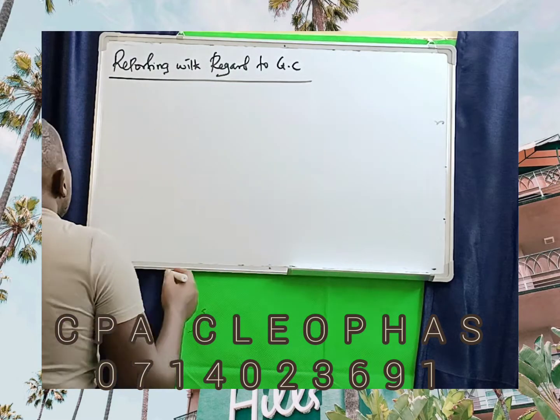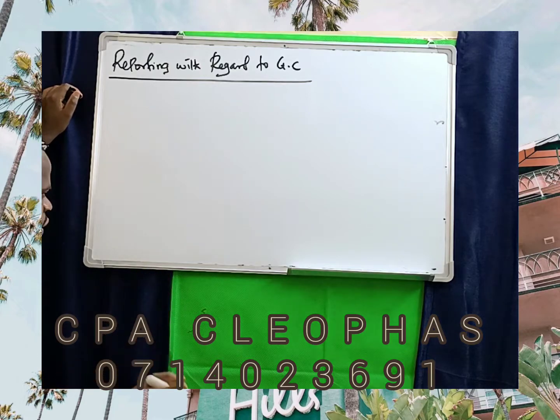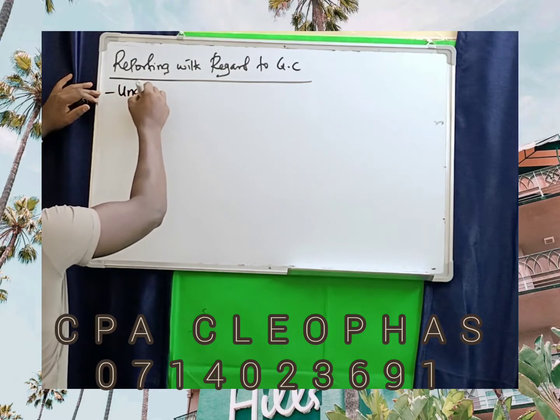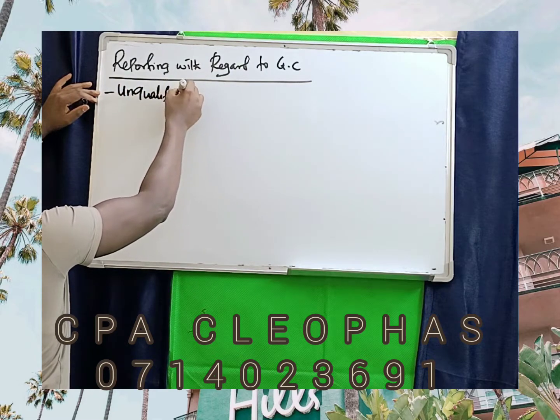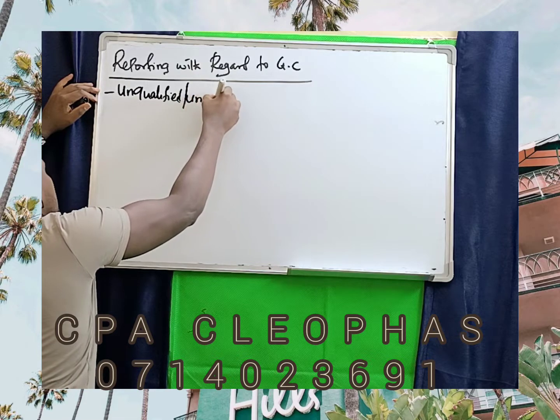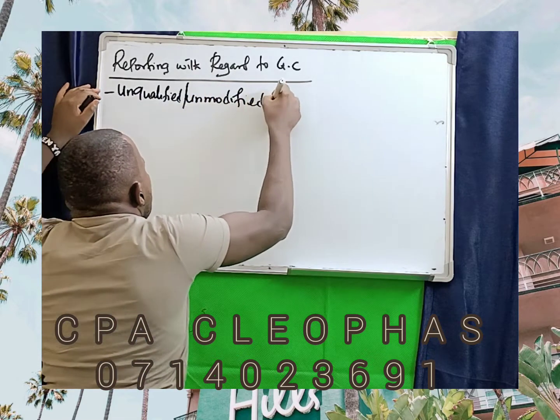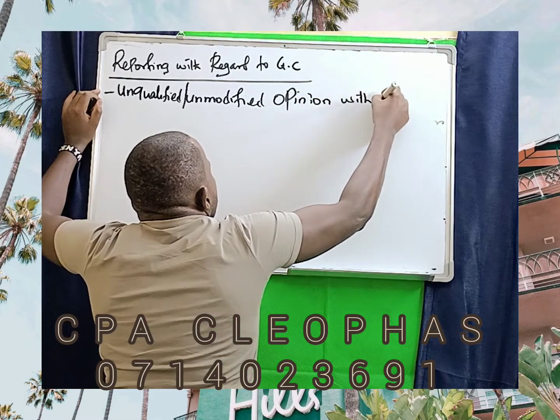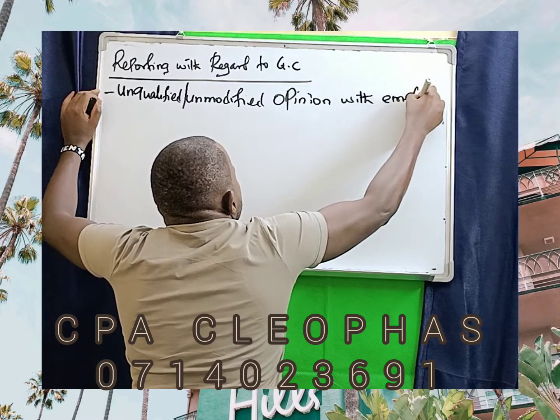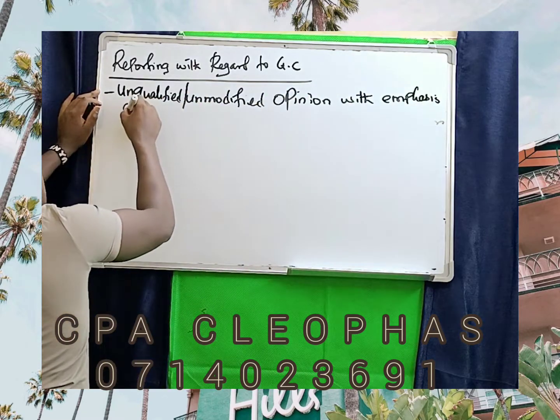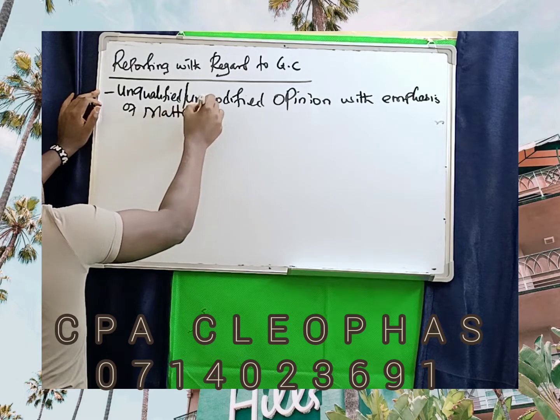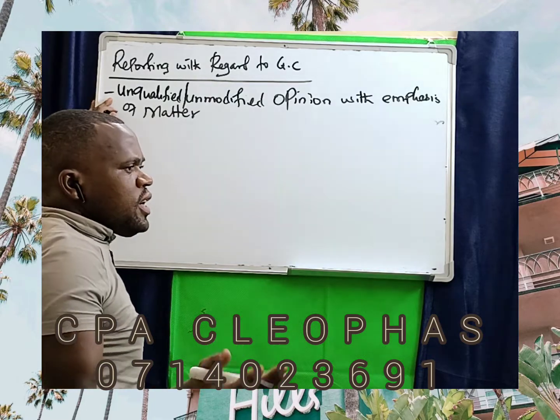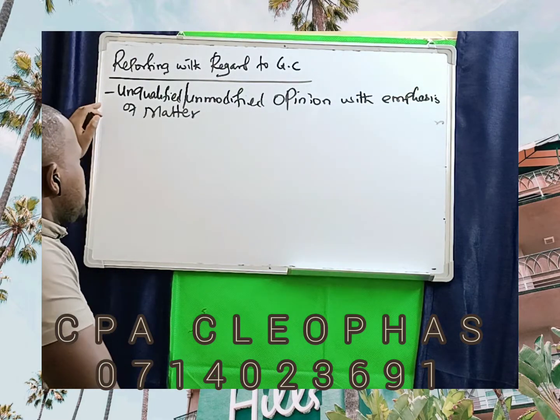So if the going concern is questionable, and everything has been disclosed and done very well, the auditor tells the management or the shareholders everything is okay by giving an unqualified or unmodified opinion with emphasis of matter. This is if the going concern has been well disclosed in the financial statements.